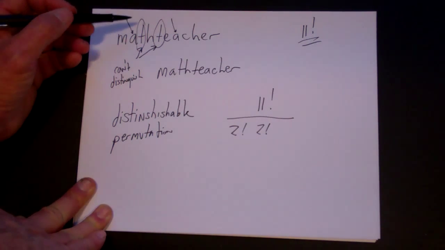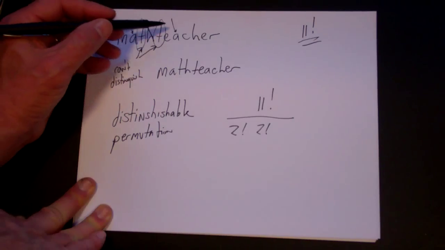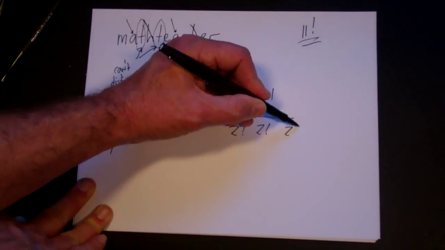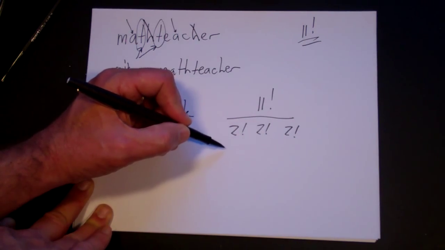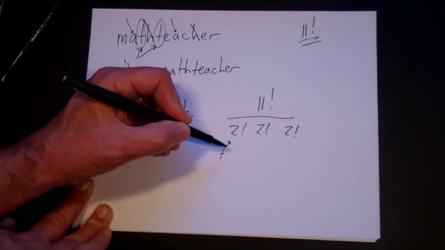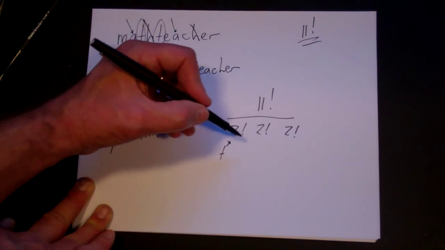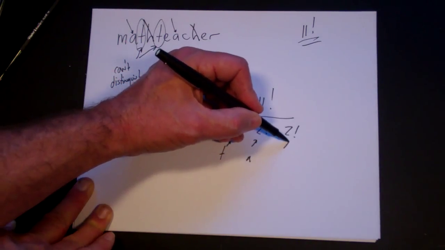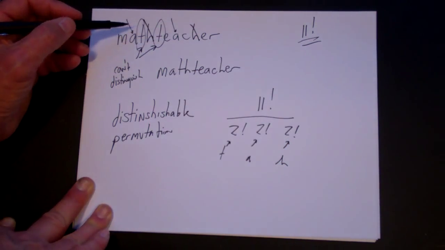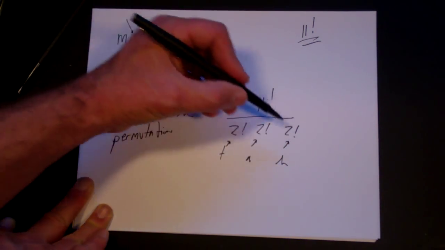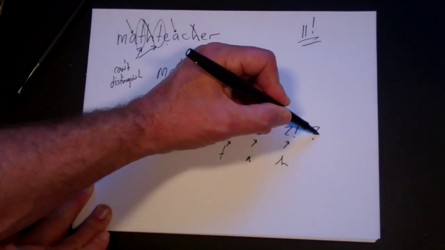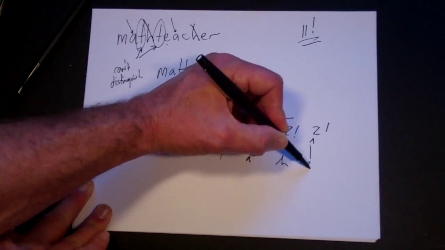And is there anything else? There's an H and an H, so that's 2 factorial, right? This one is for the T's, this one is for the A's, and that one's for the H's. What about E's? There are 2 E's, 2 factorial, and that's for the E's.